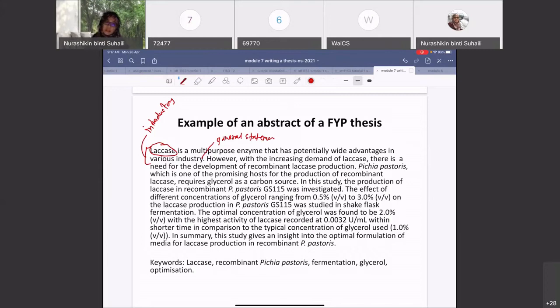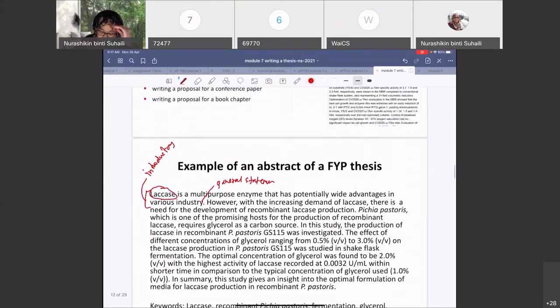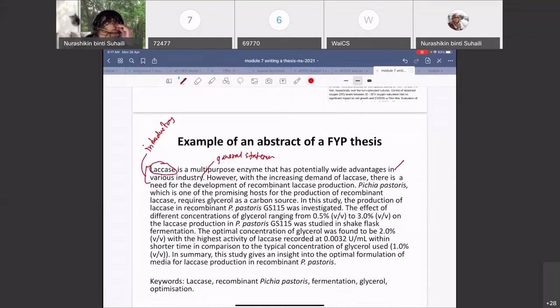So if you go in depth in your research later, you will know what is meant by general statement. You know, laccase is an enzyme that has advantages. You don't need citation for that. So that's why in this case, this one doesn't need it. It can stand on its own, provided that you rephrase it.